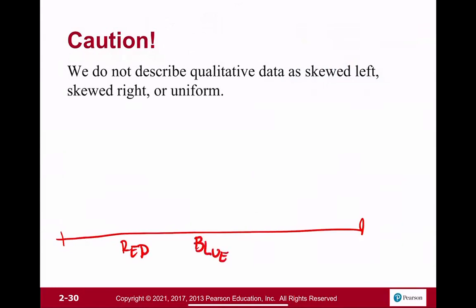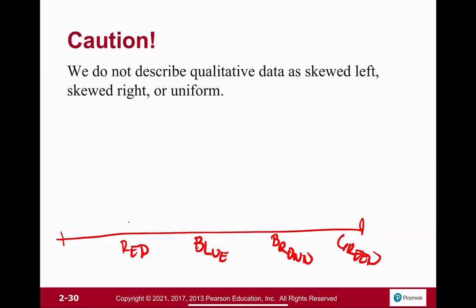Caution, we do not describe qualitative data as skewed left, skewed right, or uniform. Remember qualitative data, if we were to look at the M&Ms, if we had red M&Ms, blue, brown, and green, can't think of any other colors right now.